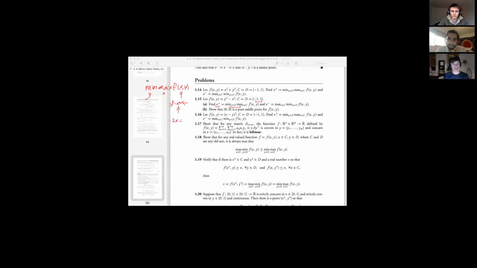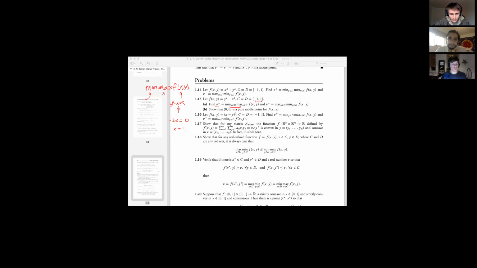So y squared disappears completely. Thank you. That's what I was missing. Yeah. And so then you set it equal to 0, right? Yeah, exactly. And then you get -2x equals 0. And you solve that out, and it gets x equals 0.